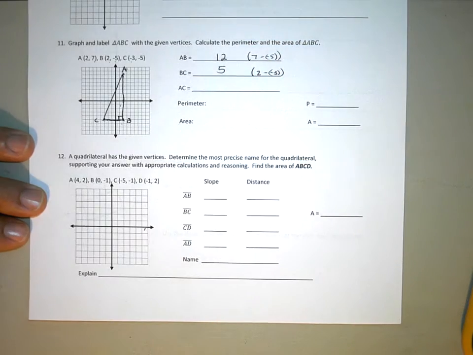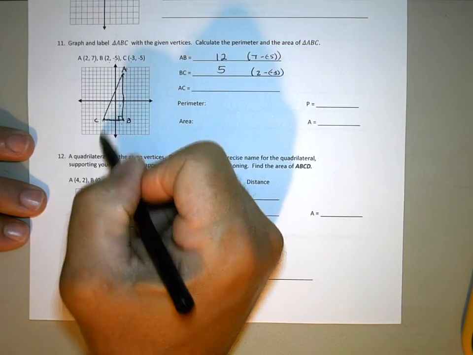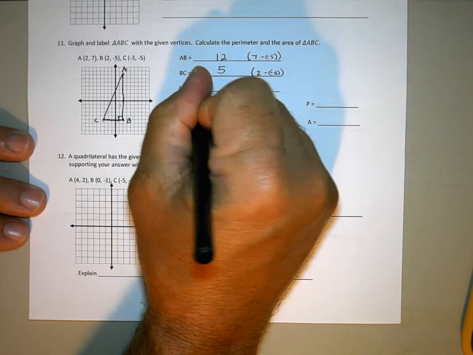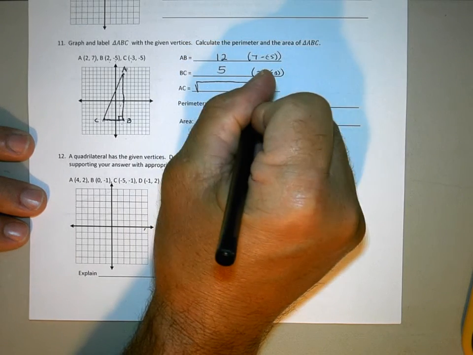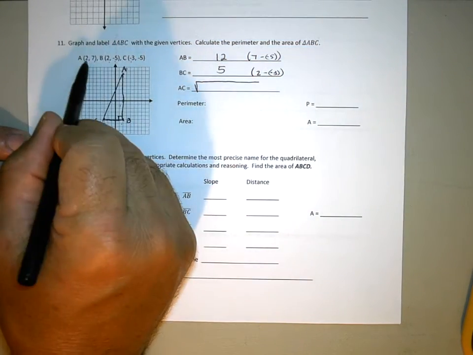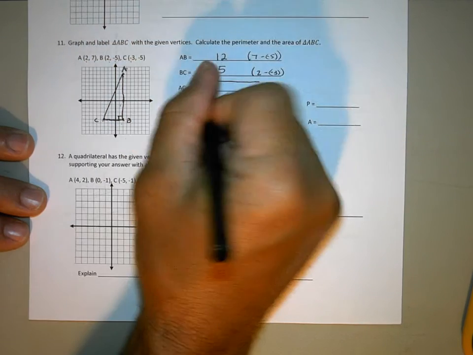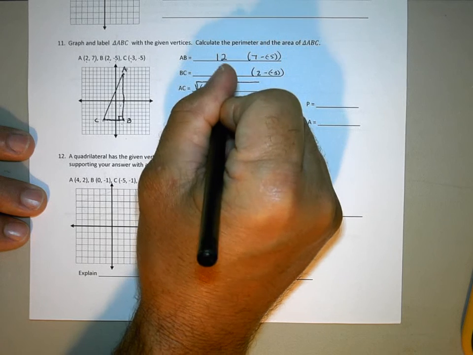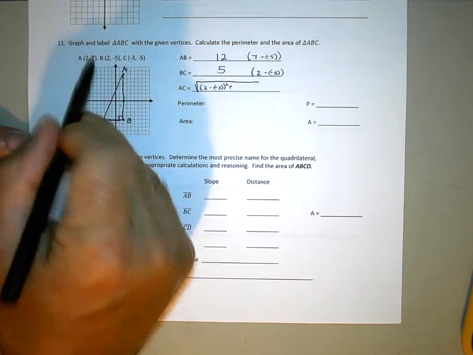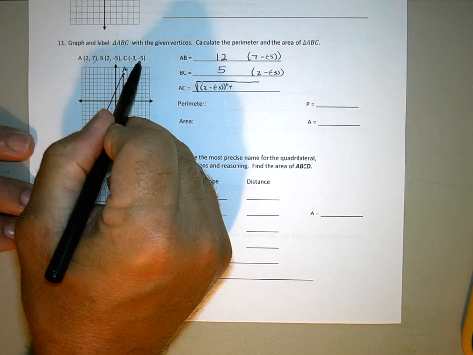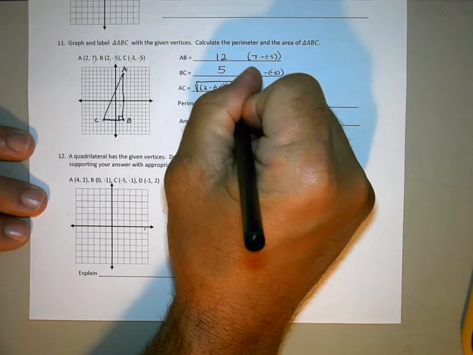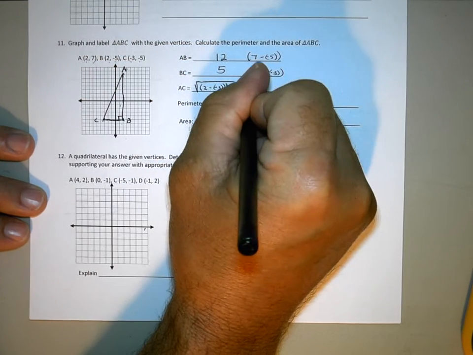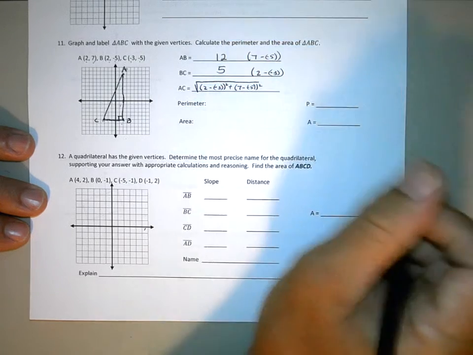The one we're going to have to do some work on is AC, and remember it is simply the square root of 2 minus negative 3 squared plus 7 minus negative 5 squared.